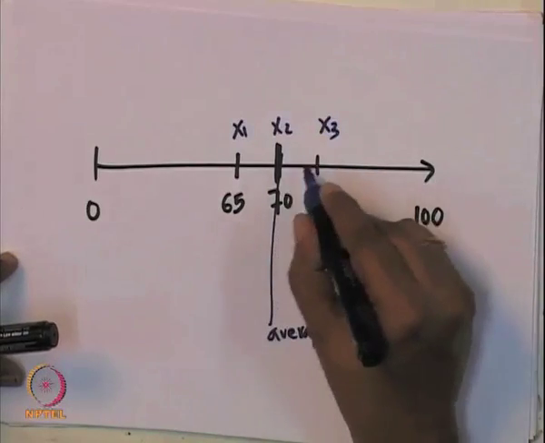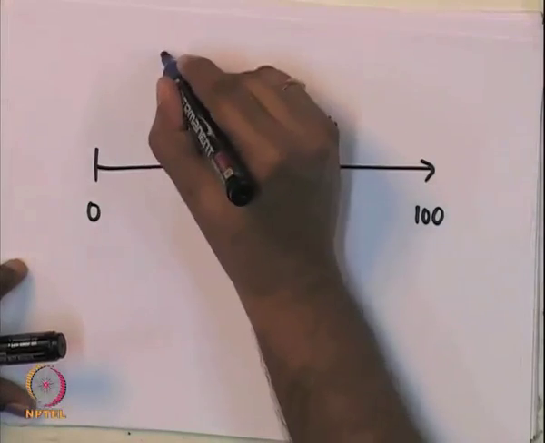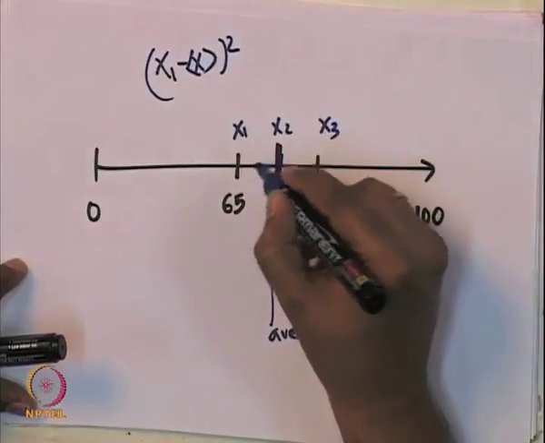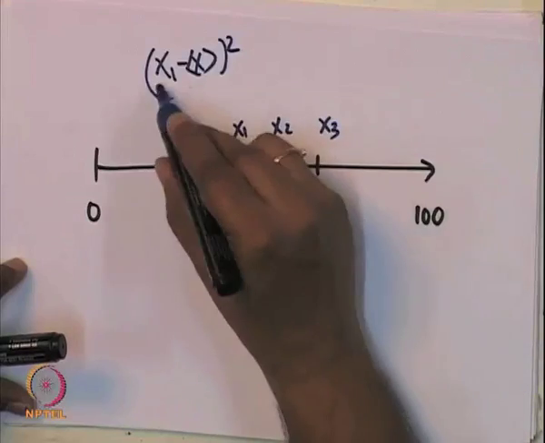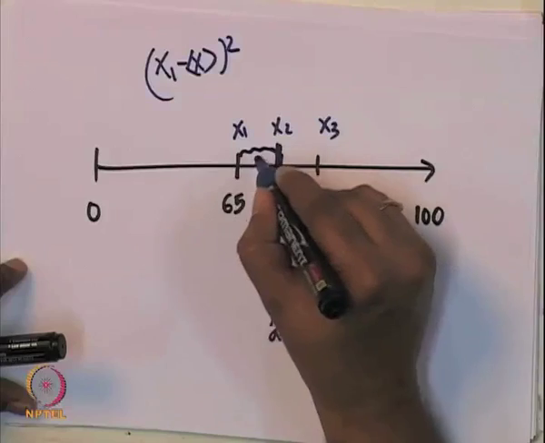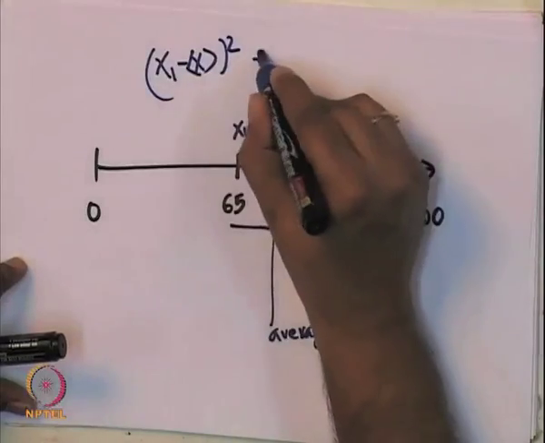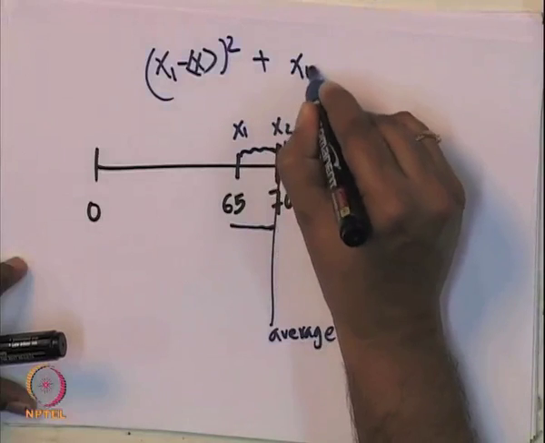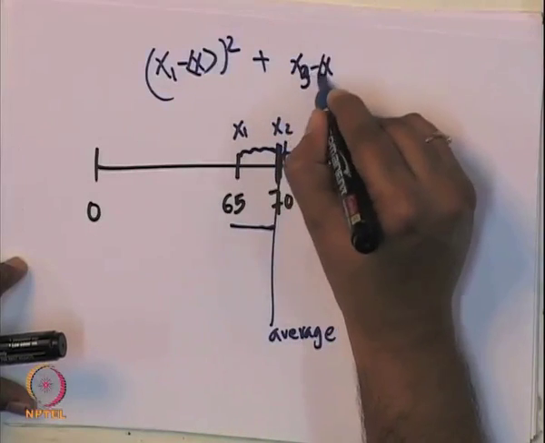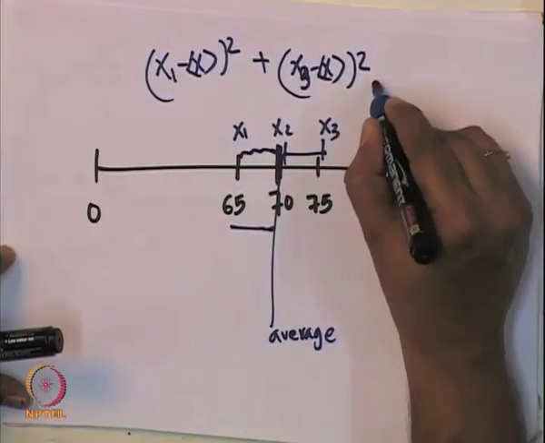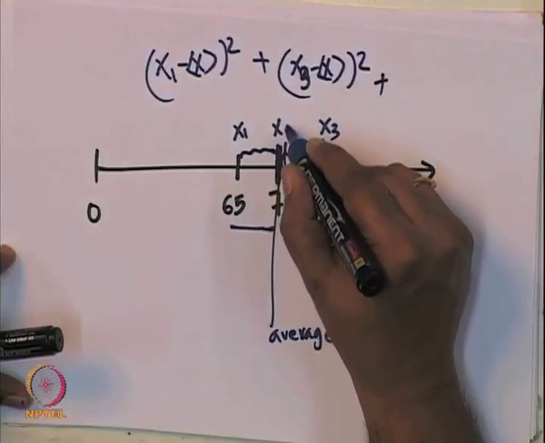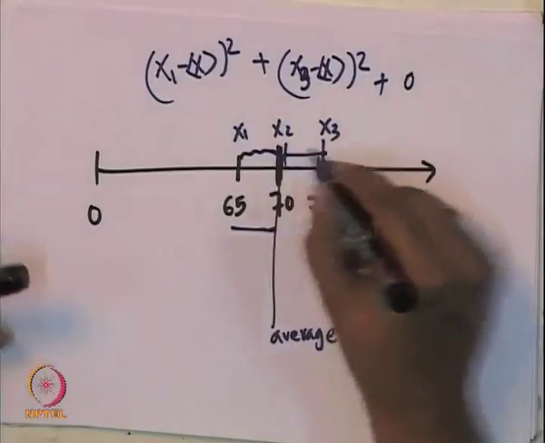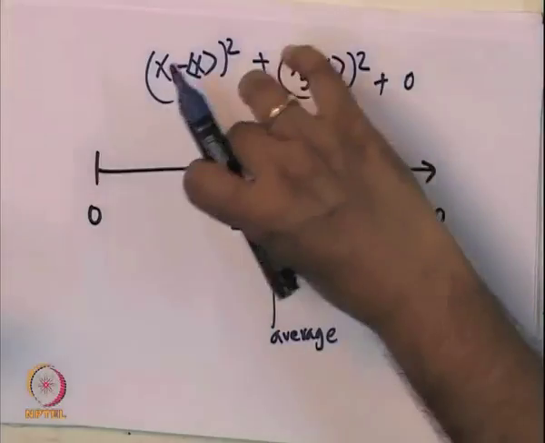We have to find x1 minus x average square, which is like finding this distance square. Then this distance square plus this distance square, that is x3 minus x average square, plus x average minus x2. That is the same as 0, so that is 0 anyway. So when we think of it graphically, essentially we are calculating this distance.